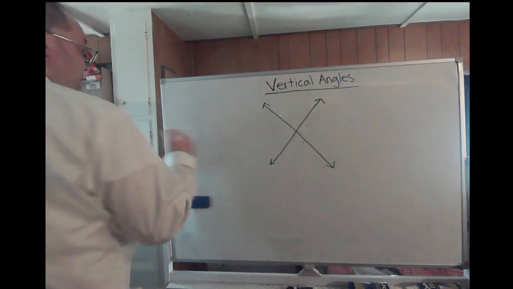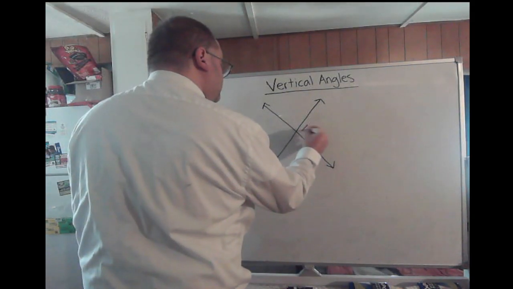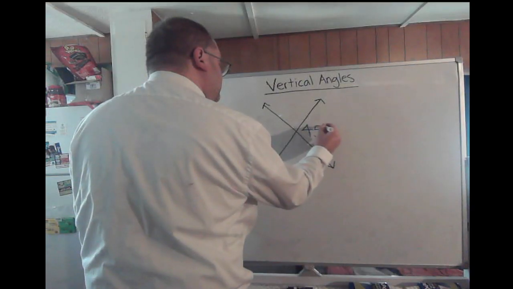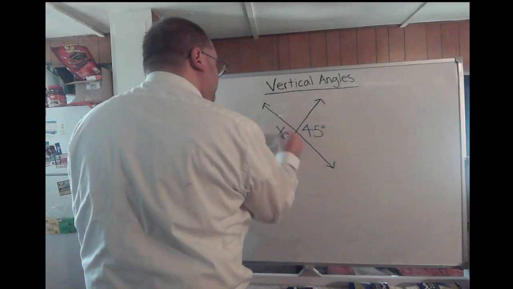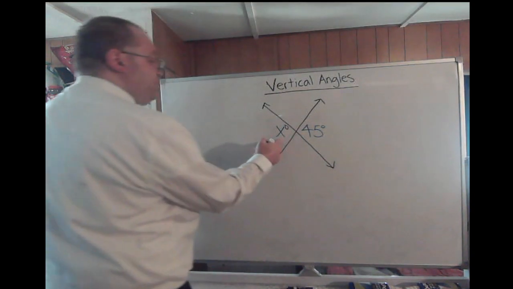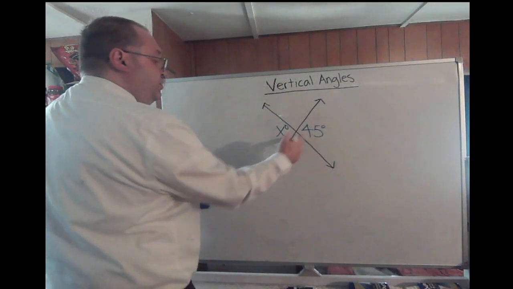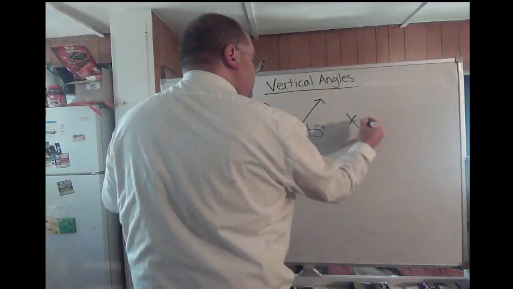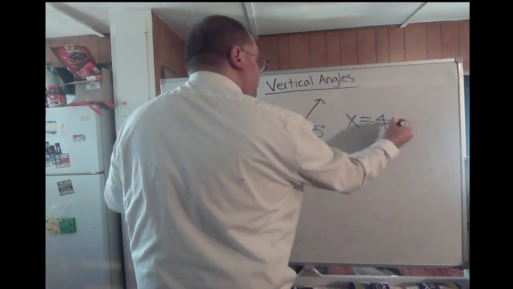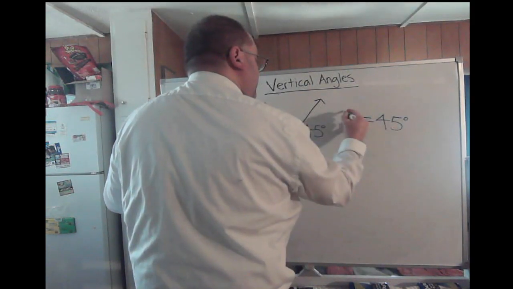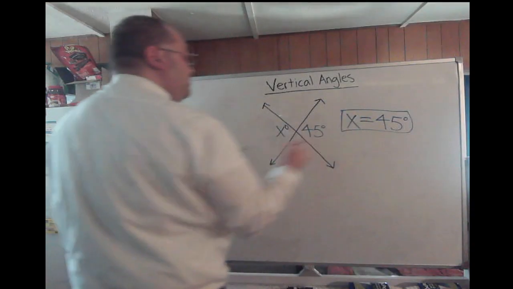Alright, so let's say this angle's 45 degrees. This angle's x degrees. We don't know the value of that angle. Well, all we have to do is use the fact that vertical angles are congruent. You'll see that x is equal to 45 degrees. That's all you would get. X is equal to 45 degrees.